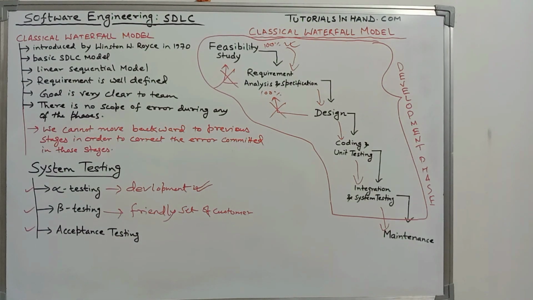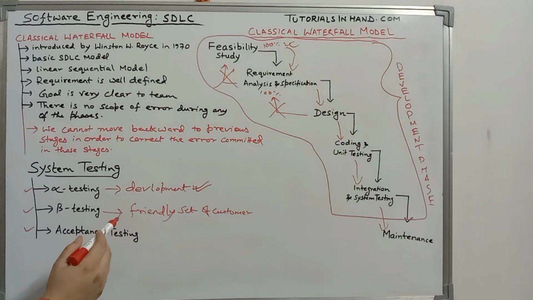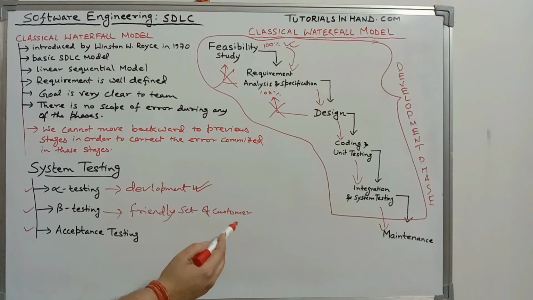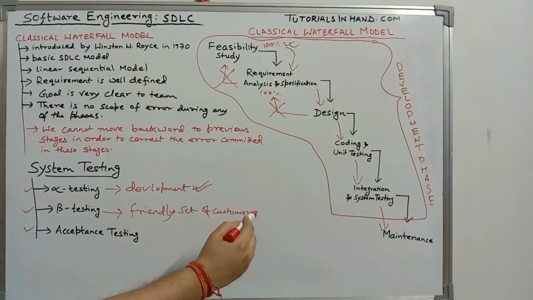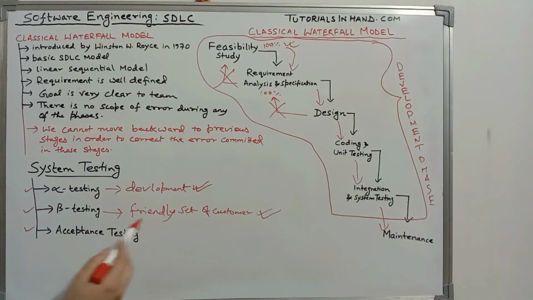They may be the developers of another application in the same company, or some other people who have the knowledge, and they will test your application to see whether all the functionalities are performing as per expectation or not. Then these friendly customers approve it, and when it is approved by them, acceptance testing starts.